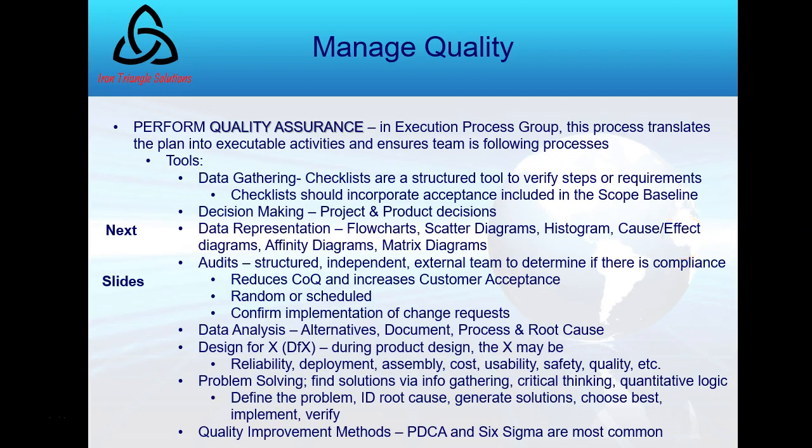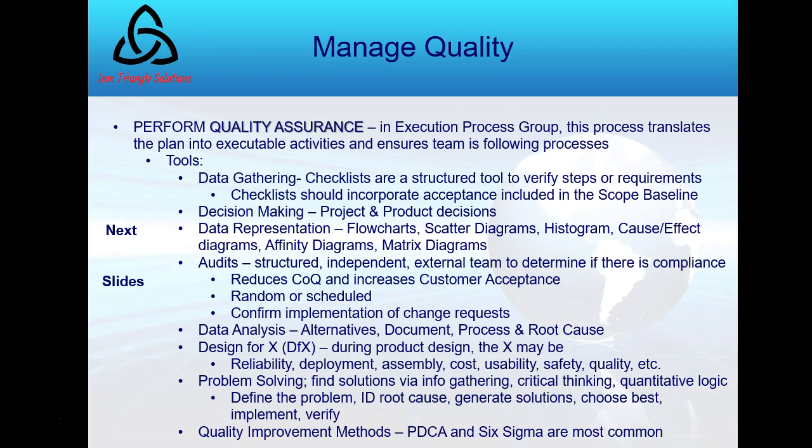So the tools, while I'm performing this quality assurance, are all the following. There are a lot there. We're going to talk about them in some detail in the next few slides. So this is worth a review, and it's also listed in the PMBOK guide, page 292 and following.